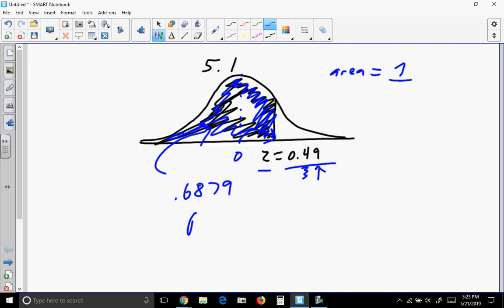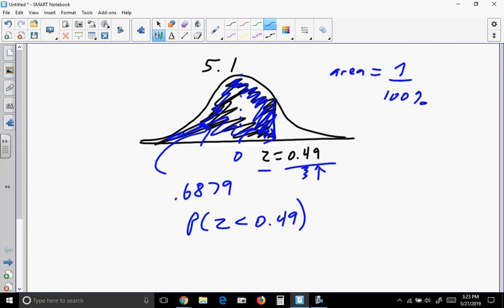That is also the probability of z being less than 0.49. The total area is 1, so that corresponds to 100%. 100% of the data is underneath the whole curve.